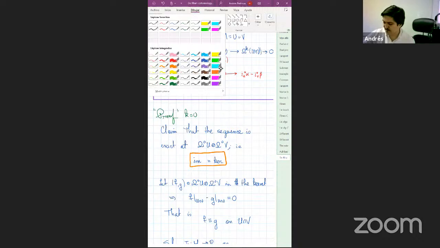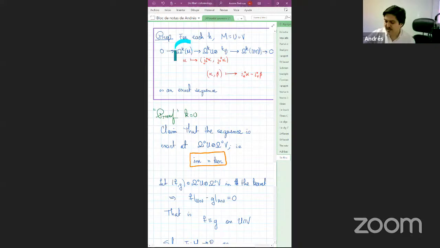It follows by an observation that we already made. If you take a function here, f, go here, f restricted to U, f restricted to V. So that's an element in the image. And clearly, that element goes to 0. Okay? So one inclusion is always straightforward. If you look twice, you get 0.